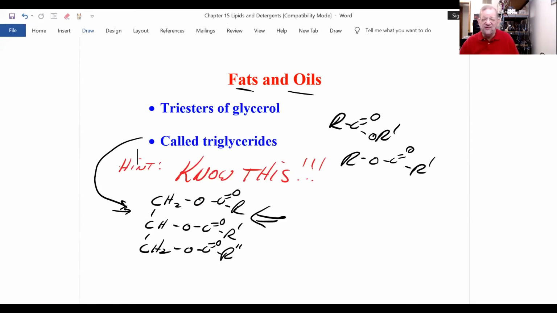And these are both the same in terms of they're both an ester.